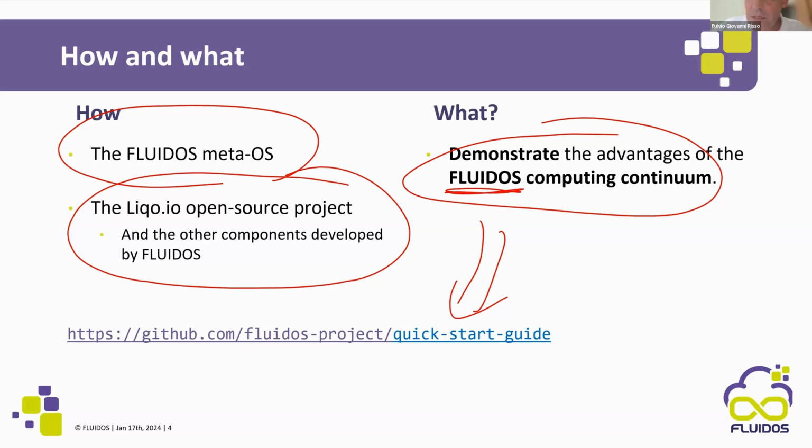So feasibility is something very important for us, because we would like to know that you have a clear idea about the computing continuum and how the FLUIDOS components and so on will be used in your project. We'll be very picky on that section, by the way, because of the experience we had in the first open call.